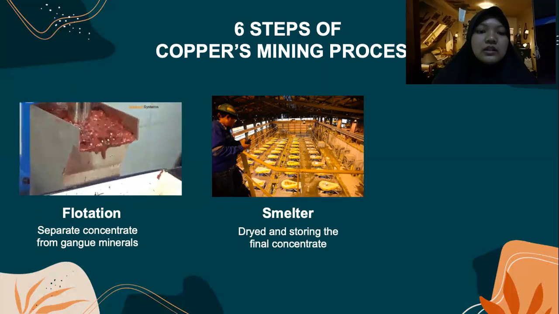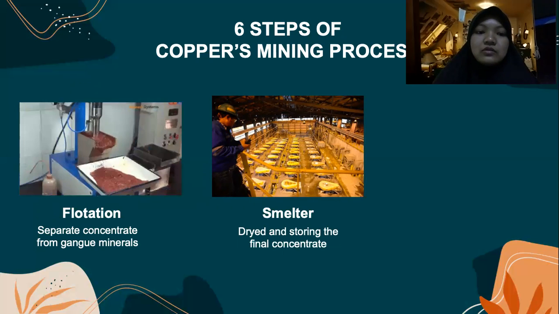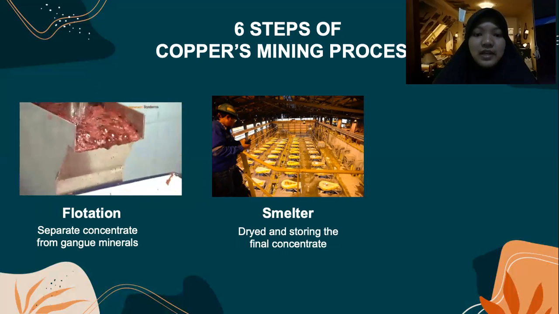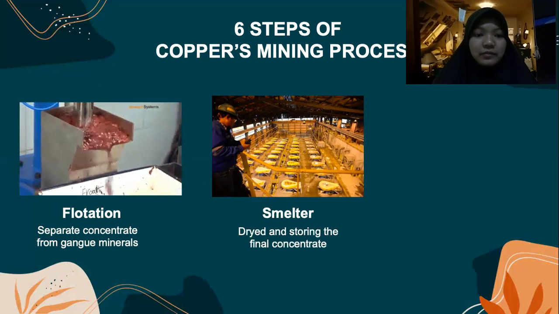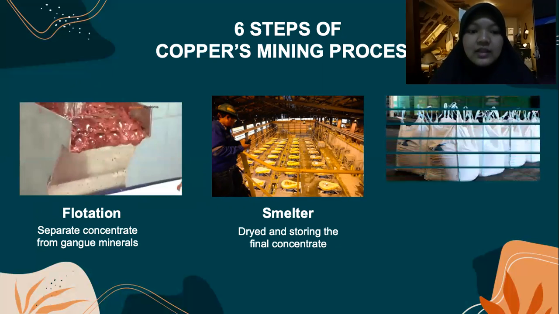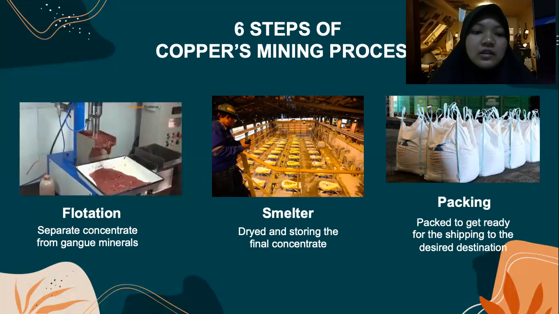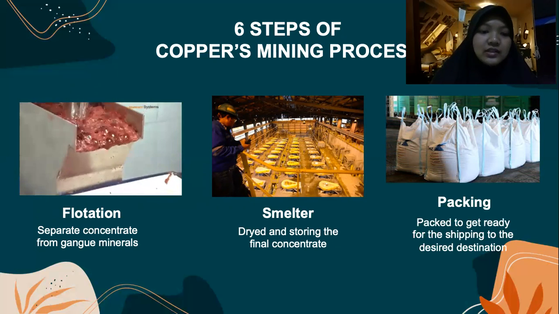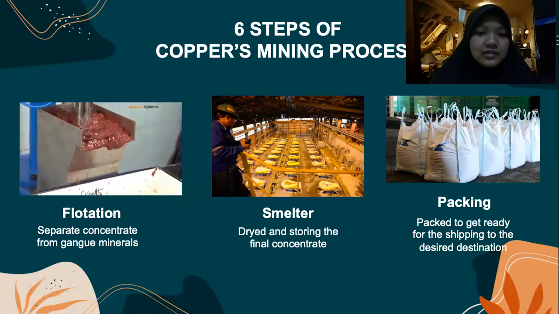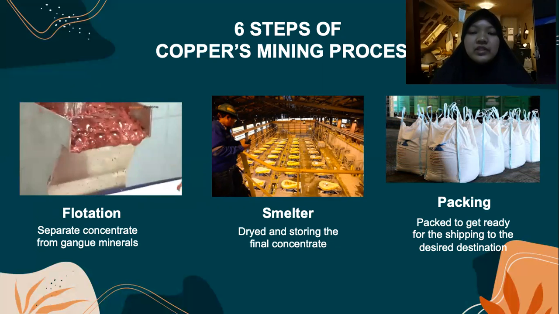So in the smelter, the concentrate can also be melted and shaped into the desired form, depending on the customer's request. And last but not least, the packing. The concentrate is packed in flexible big bags and ready to ship to the desired destination.